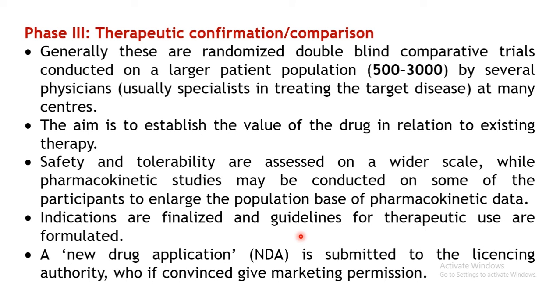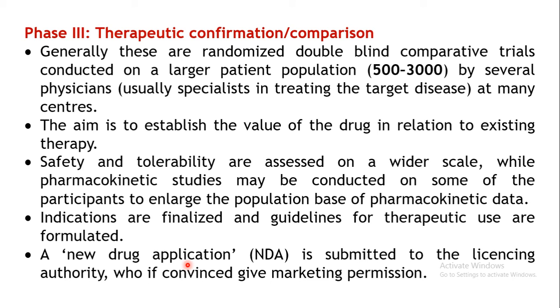these are submitted to the licensing authority. So a new drug application is submitted to the licensing authority. If your drug is found to be safe, and if there is therapeutic confirmation, and if it is found to be better than the existing therapy, you can file a new drug application to the licensing authority.